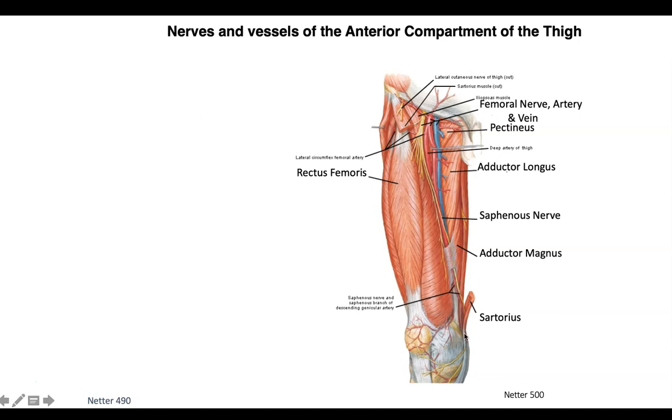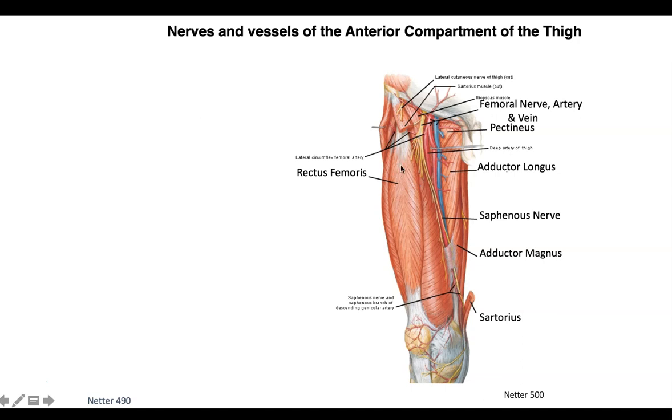It pierces the muscle and the fascia, becomes superficial, and in the leg it courses along with the great saphenous vein. As I already mentioned in the first section of my first lecture, it supplies the medial side of the leg and the medial side of the foot.